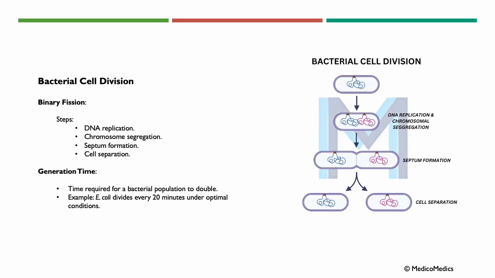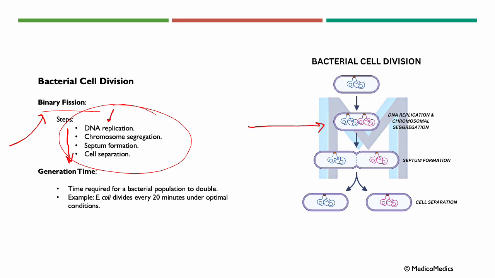Now, what about bacterial cell division? So the process of bacterial cell division is binary fission. And we have these steps here. And you should try and remember these. So first, we have DNA replication, right? And the chromosomal segregation is happening during the same time.